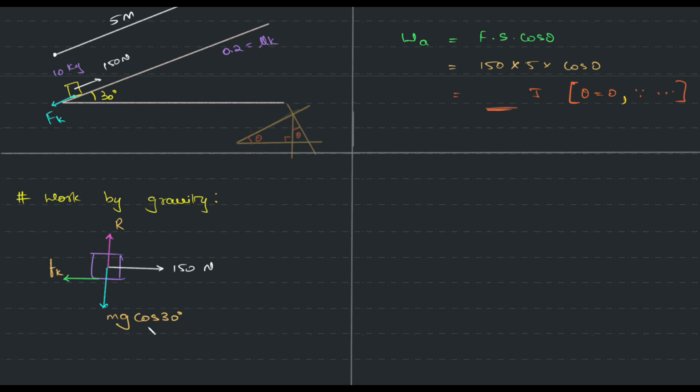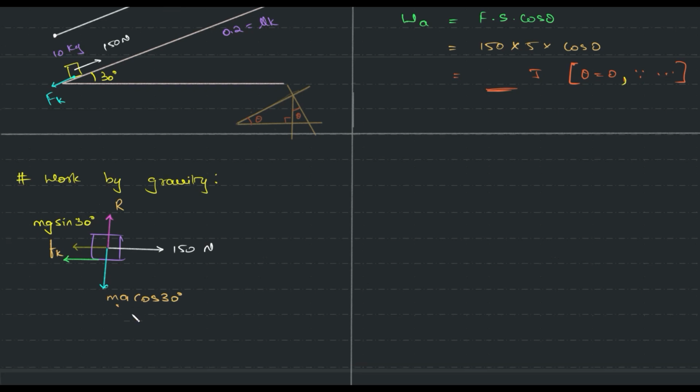So that will be 30, and this will be mg cos of 30 degrees. This is your normal force. Okay, and gravitational force is also there. I forgot. There is a gravitational force as well. This will be mg sine 30 degrees. So this is the force that we need as of now.